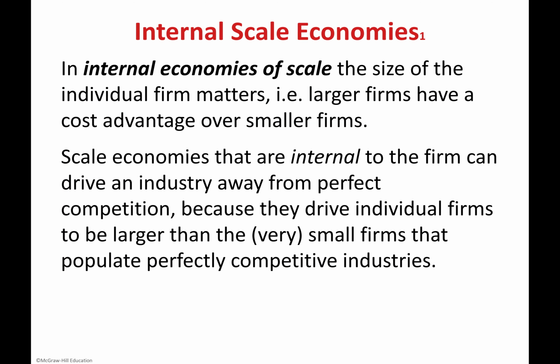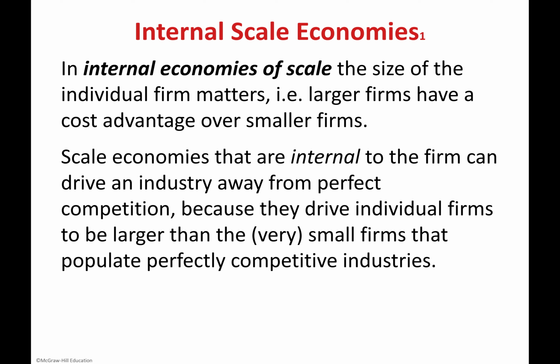Now, there are two types of scale economies. There's internal scale economies and external scale economies. Let's deal with each in turn. So for internal scale economies, the size of the individual firm matters. In other words, this is where you tend to get what we call oligopolies, so larger companies, maybe where there's just a few in each industry.